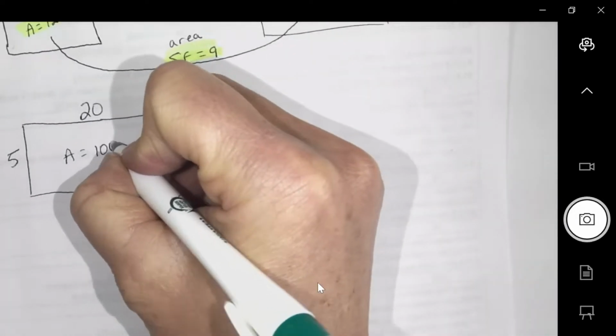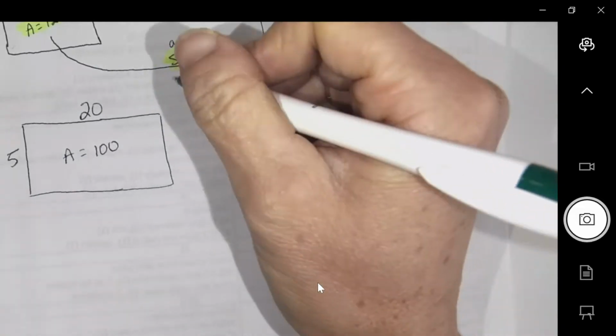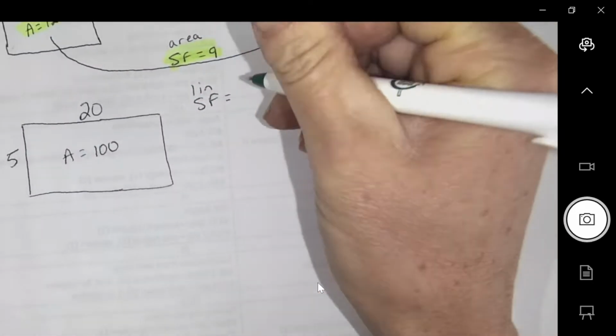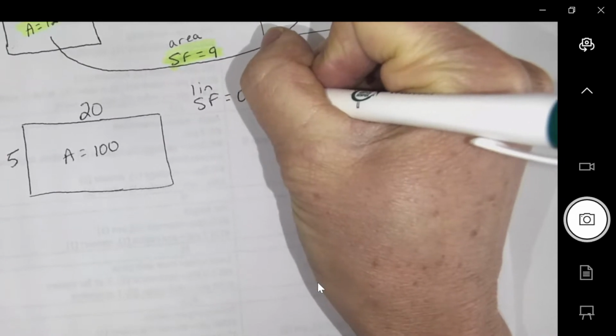What's 20 times 5? 100. Okay, I'm going to do a linear scale factor of 0.2. 0.2 is my scale factor. Will my object enlarge or reduce? Reduce.